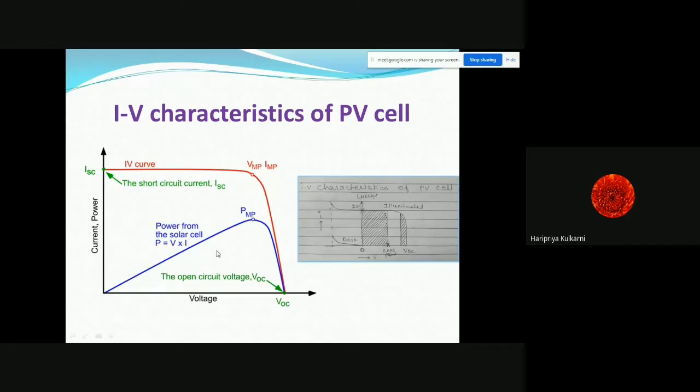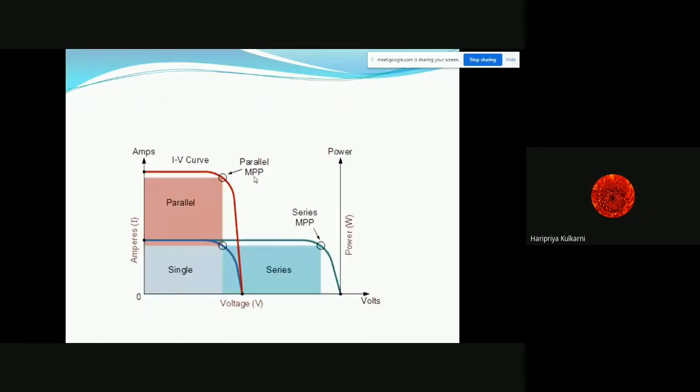It will go on increasing to a certain point, and after that it will drop down. So this is the maximum power point which we are interested in achieving, and hence this is called the knee operating point. Ideally we want to operate our solar panel at these values of voltage and current to get the maximum efficiency. So here we have completed the IV characteristics.